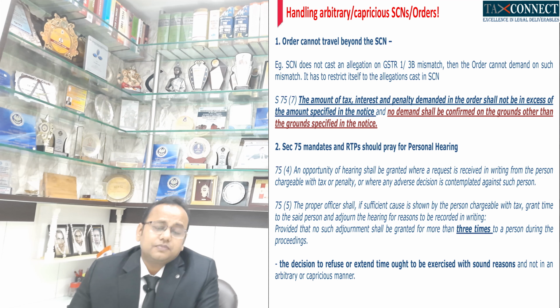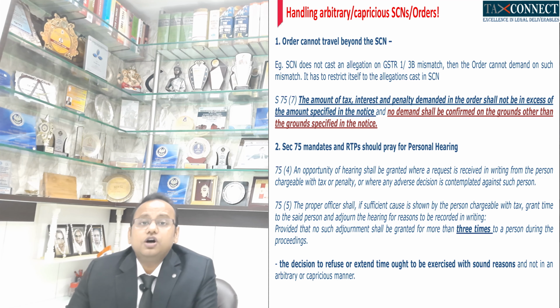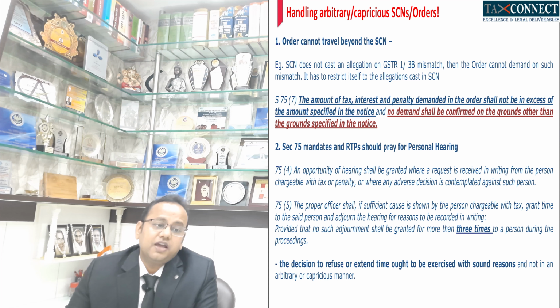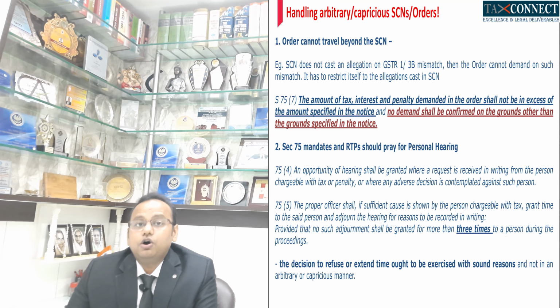That is, under section 75 subsection 7, it is provided that a show cause notice should have various issues and an order should be on those issues itself. For example, in case a show cause notice is in the matter of, say, 1 versus 3B mismatch, then an order cannot suddenly have a point on 2A versus 3B mismatch.